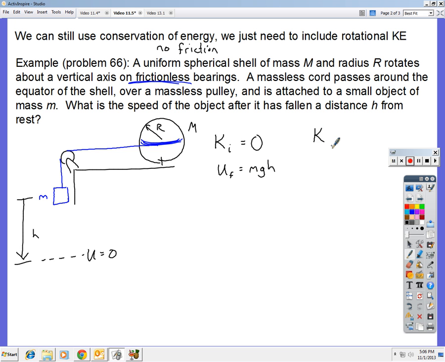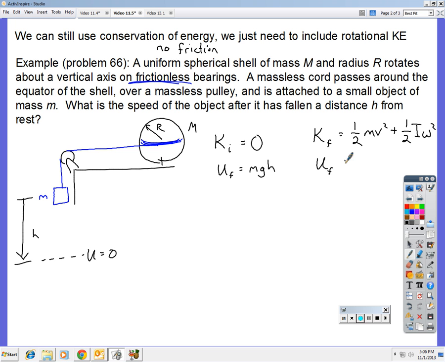Now our final energy has got to have two terms in it. There's the translational kinetic energy of the weight, which is 1/2 mv squared, and there's the rotational kinetic energy of the spherical shell, 1/2 I omega squared.